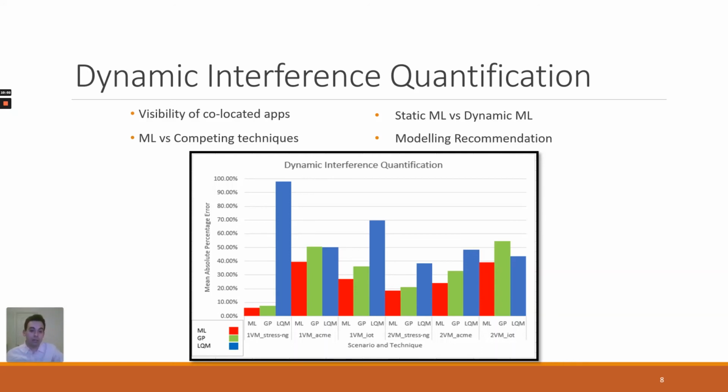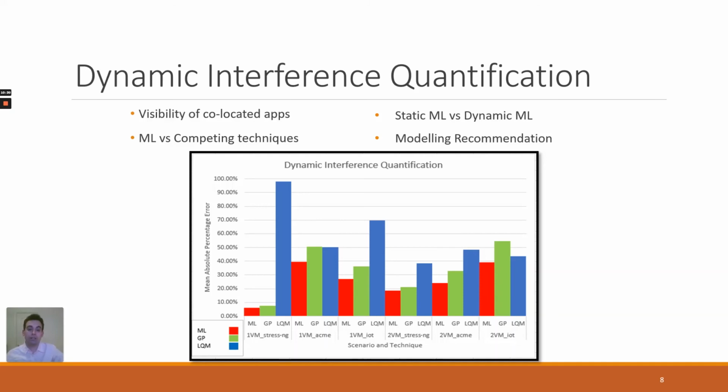While it does not outperform the static AutoML models with visibility of the co-located applications, the dynamic AutoML models perform within 2% and 12% of their counterpart. The dynamic AutoML technique does not require visibility of co-located interfering applications, so it can account for changing environment conditions.